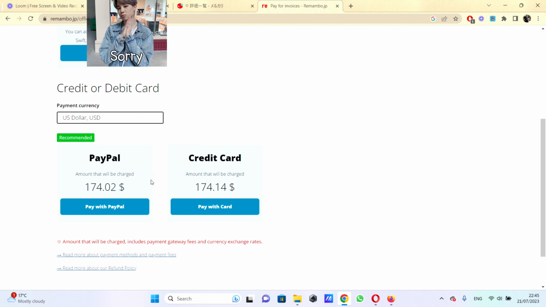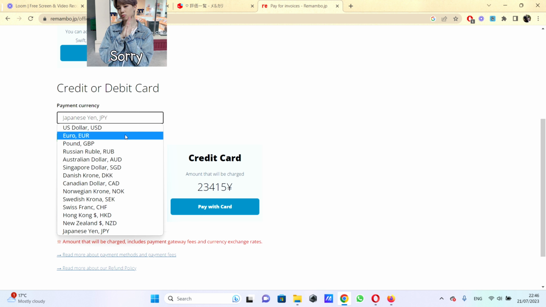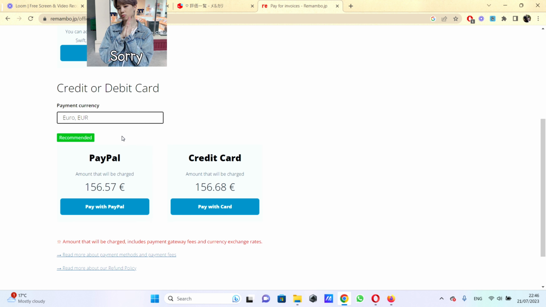If you were to check, for example, this yen with PayPal, no, maybe not with PayPal, but with your credit card for sure, it would be less than if you paid just this much in euro. I can look it up on my phone right now actually.